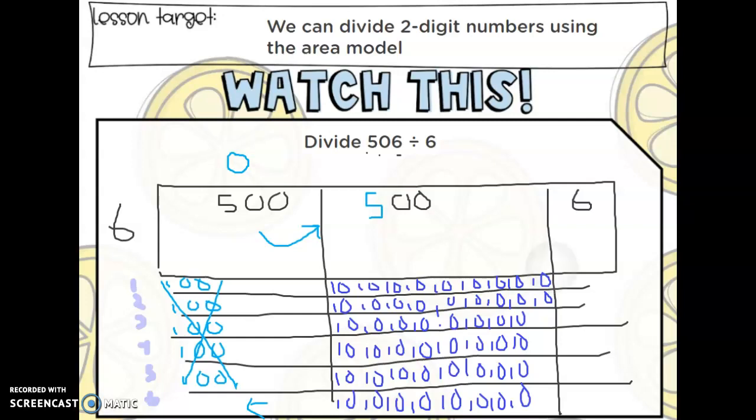So I'm going to cross off those tens because those aren't going to be equal. And I'm going to look at what's in each of my rows. I have 10, 20, 30, 40, 50, 60, 70, 80 in each row that are equal.